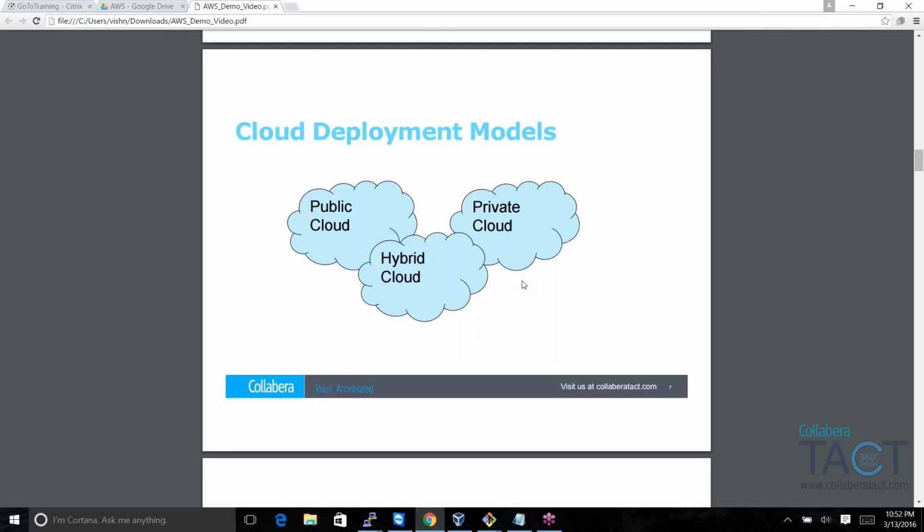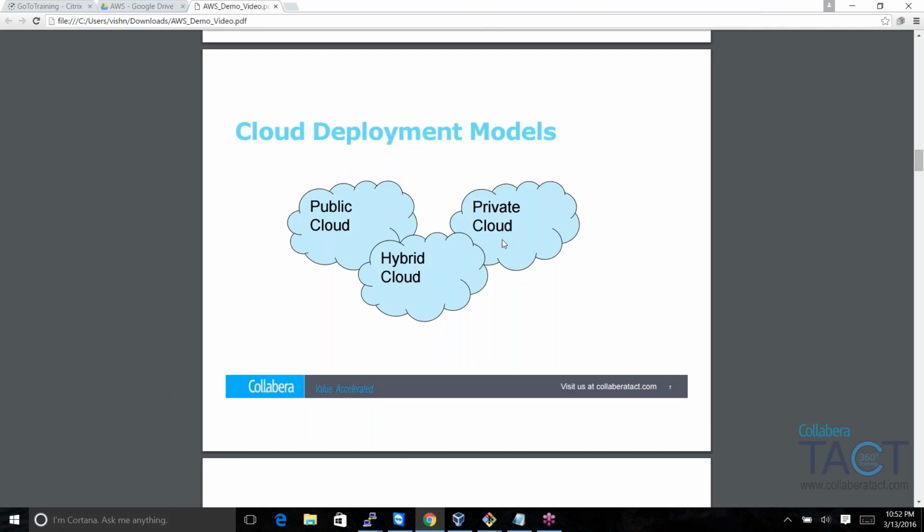Anybody in the world can use AWS to run whatever services they want to run, either a compute service or a database service, depending on what they want to run. That is a public cloud. A public cloud is a cloud service which is open to the internet. It may be accessed by anyone.